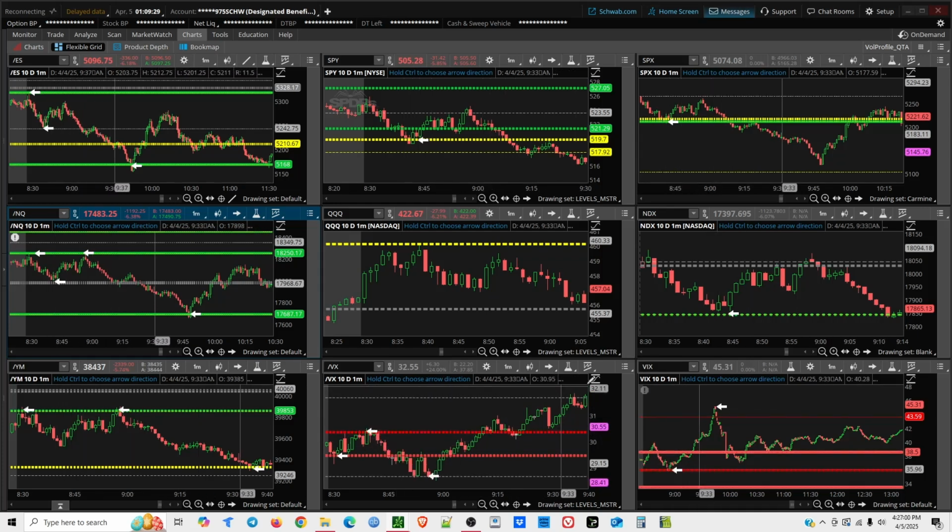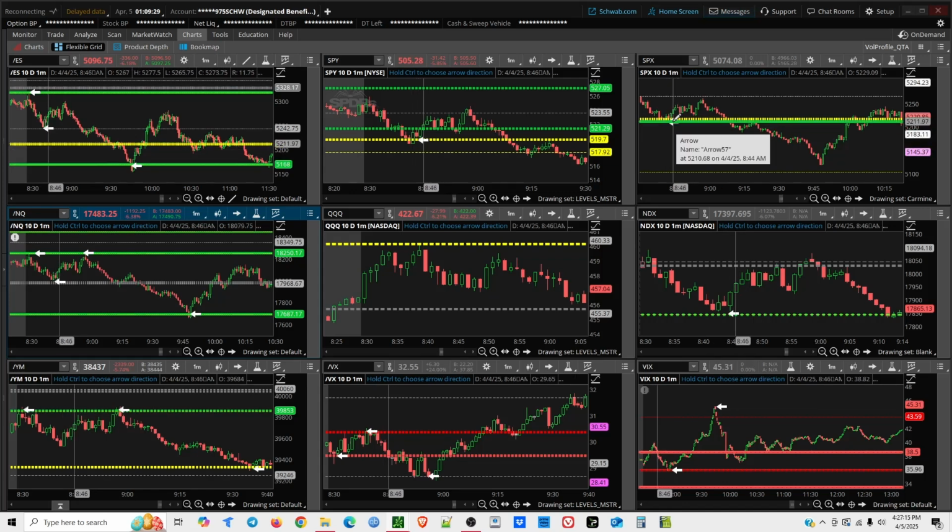And likewise, NDX and SPX were coming down to levels that looked very strong because SPX had a normal daily green pivot right here, but it also had a yellow weekly pivot right here.